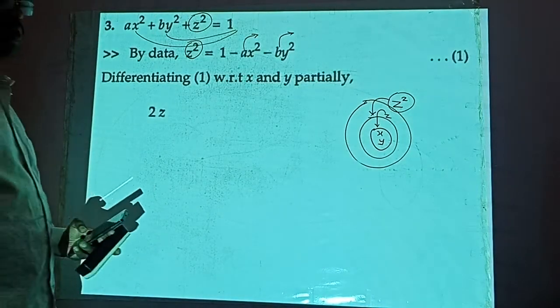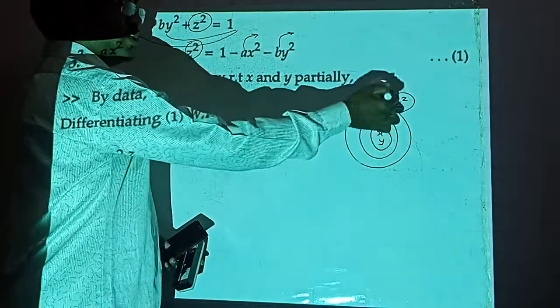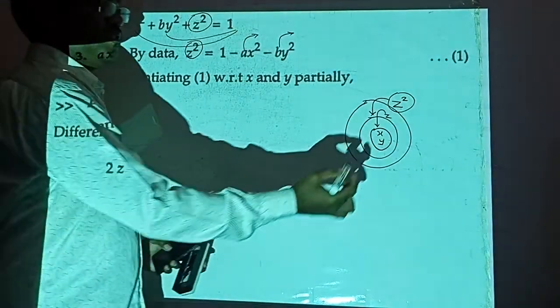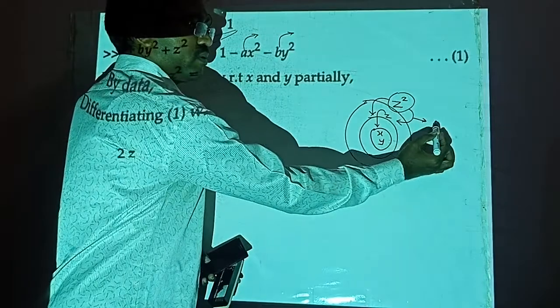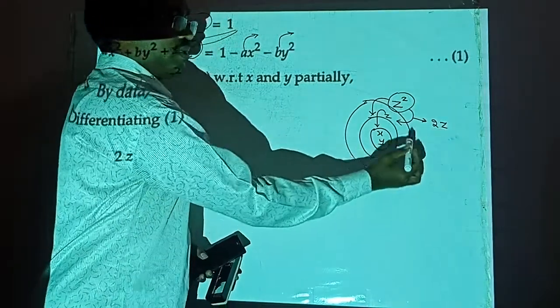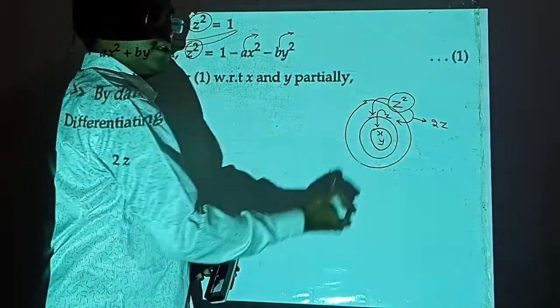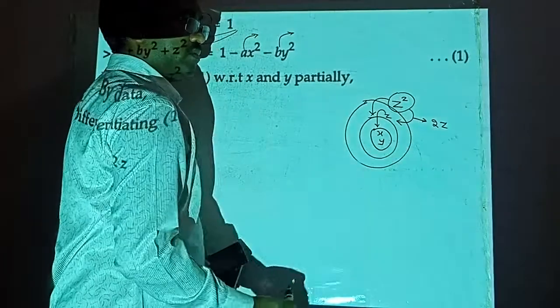So we need to use the chain rule here. It is like a function of a function. We differentiate z square with respect to z. What you get? 2z. Differentiation of z square with respect to z is 2z.